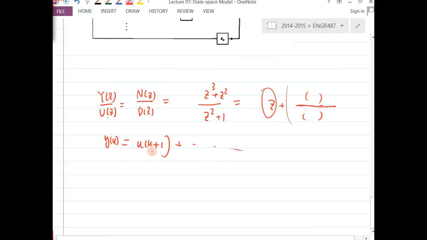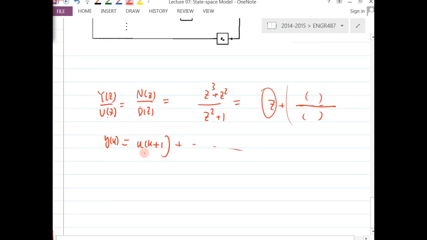What's u? U is the input. What's y? Y is the output. So what does it mean? The current output, y of k, actually depends on the future input, right? That's why we call that not a causal system.